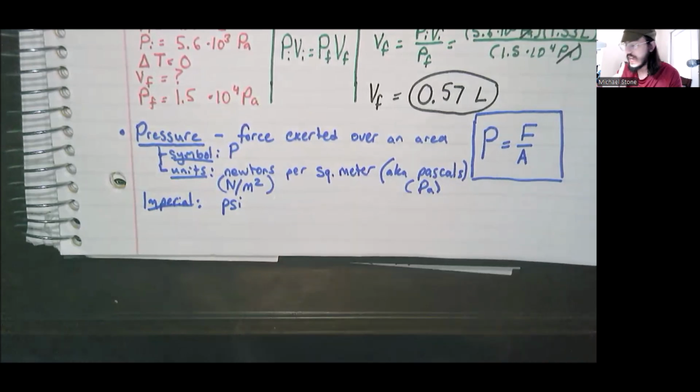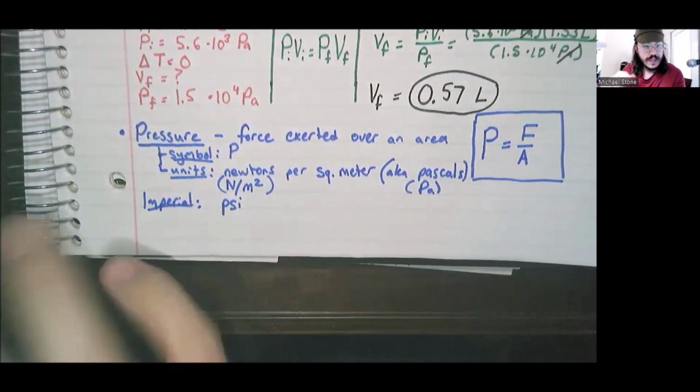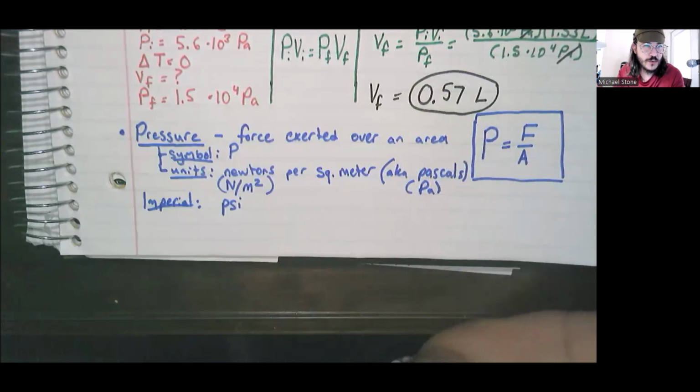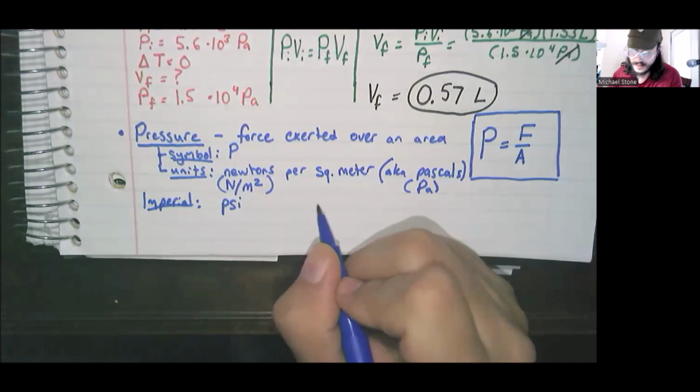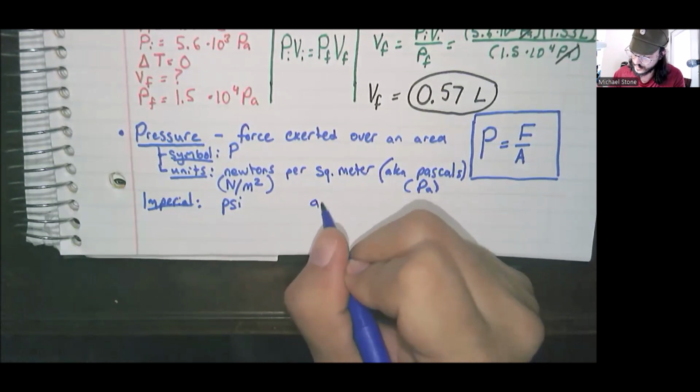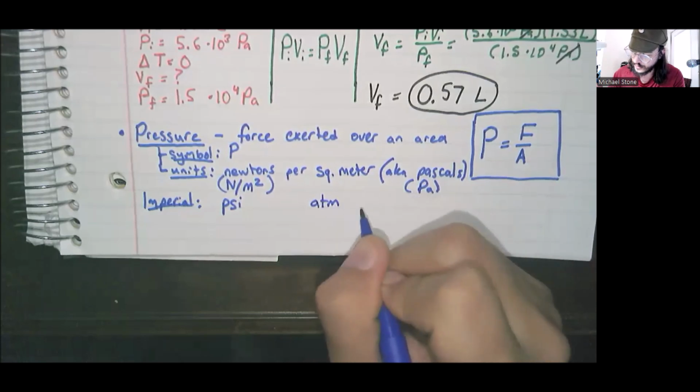If you want to be non-denominational about it, neither metric nor imperial, but colloquial? Or maybe just an earth chauvinist. There are atmospheres of pressure.